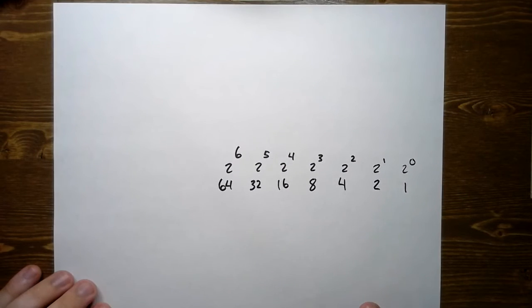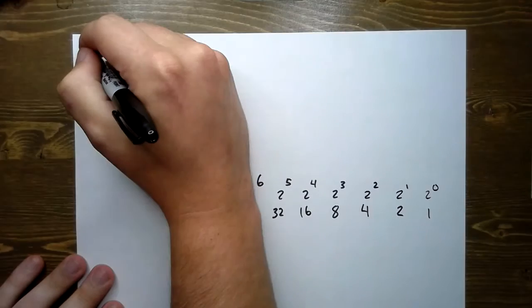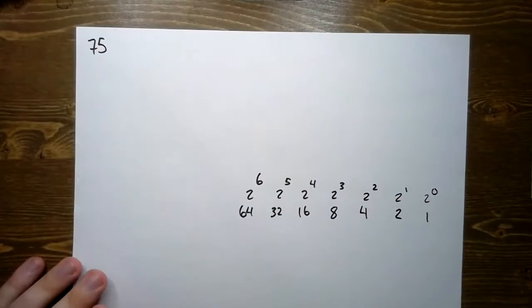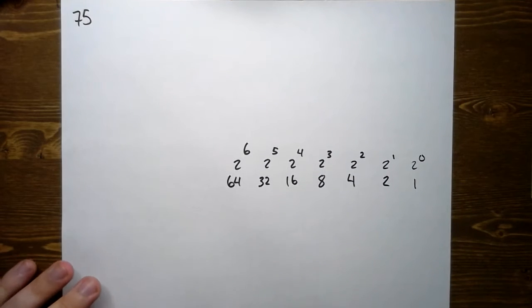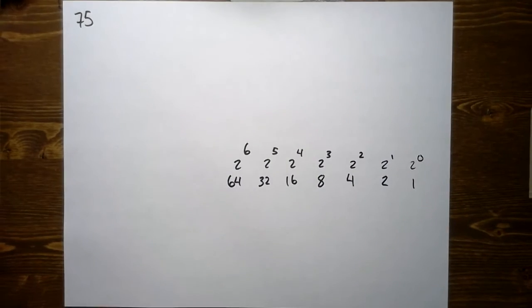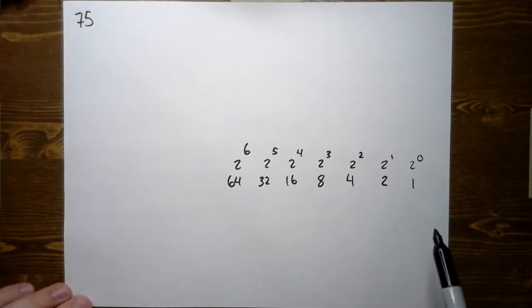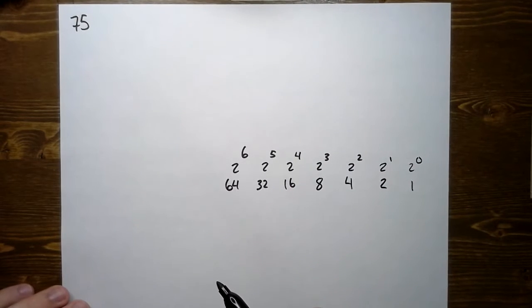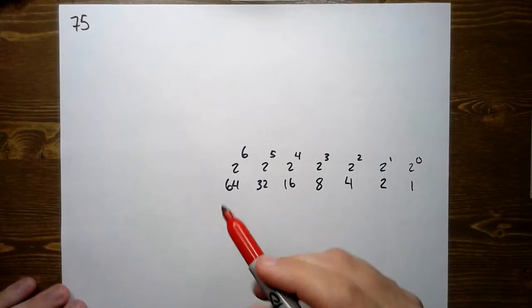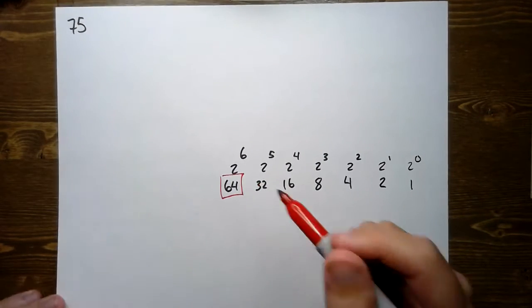So what we want to look at here is if I have the number 75 and we want to convert that into the binary number system, what we would first have to do is find the number in our base 2's here that is closest but not bigger.